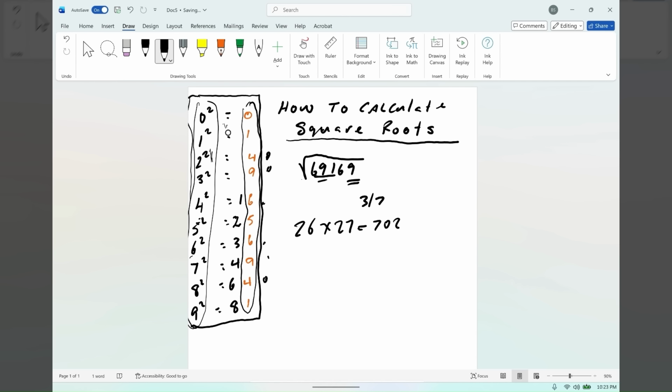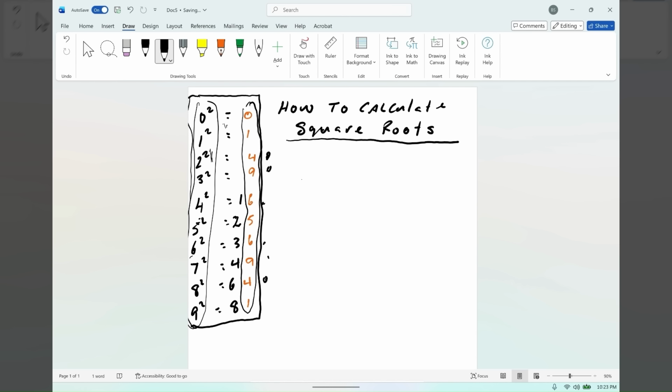But since 691 is less than 702, my number would have to have a 3. So the square root of this number will be 263.